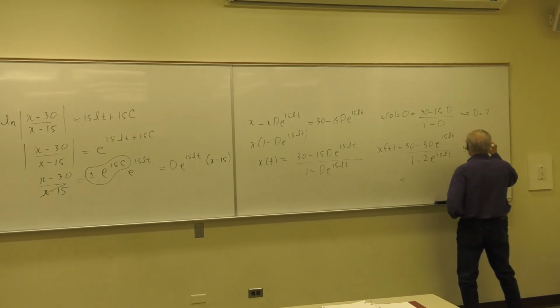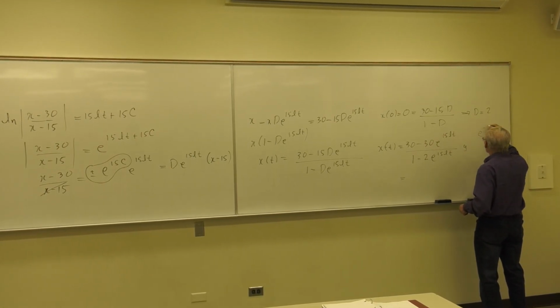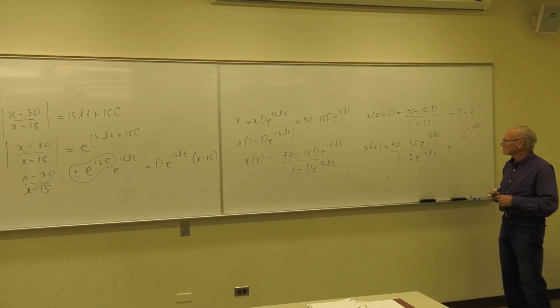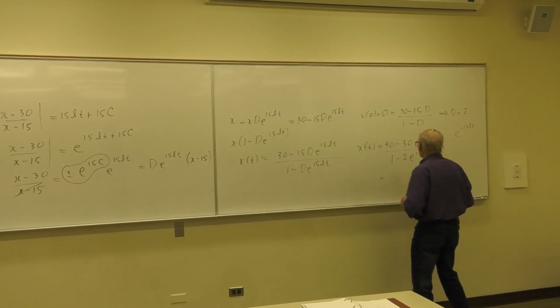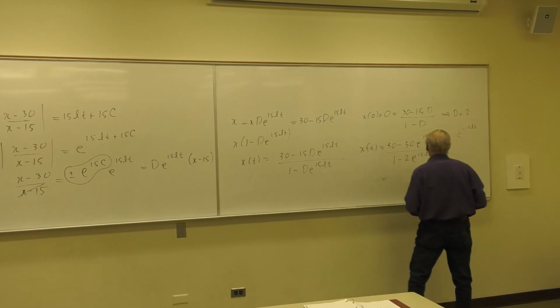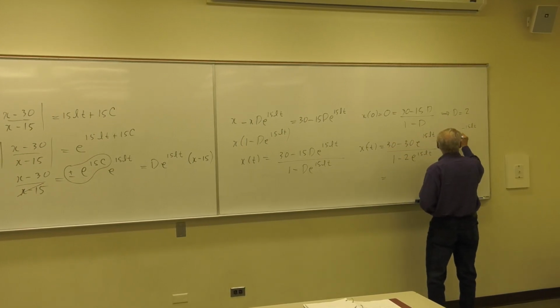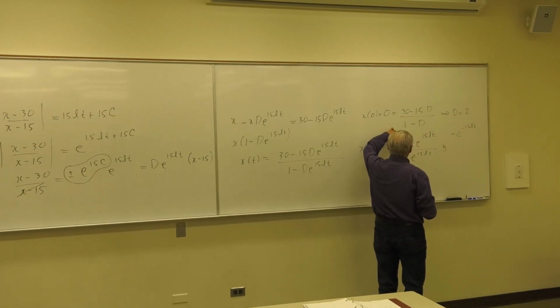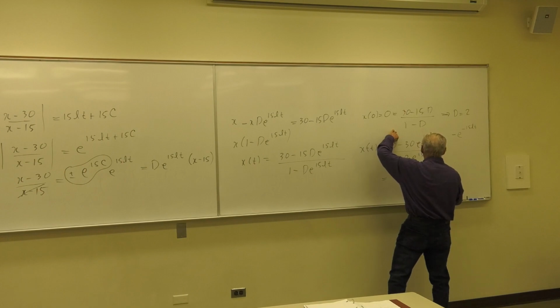Suppose I multiply top and bottom by e to the minus 15 lt. Just multiply top and bottom. If I do that, in addition, let's multiply by minus. So what happens? This guy becomes minus 30 e to the minus 15 lt.